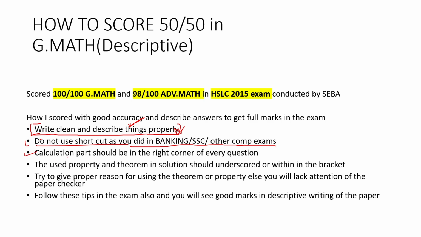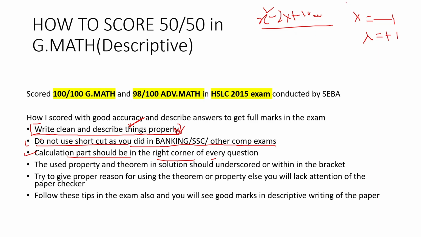The third is the calculation part should be in the right corner of every question. If you are solving any equation like this, you have to factorize this equation, and you are putting x equal to -1, x equal to -2 and something, +1.